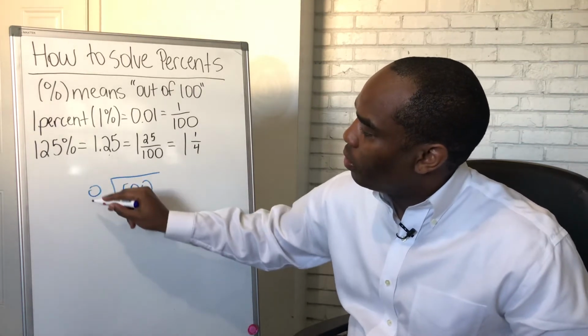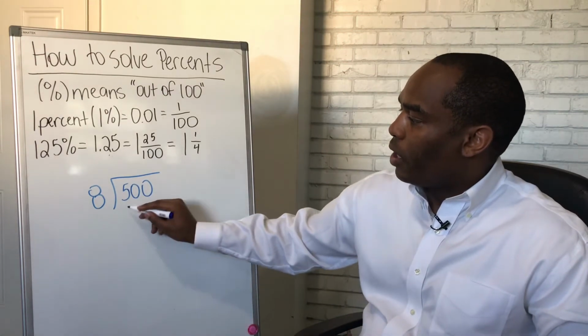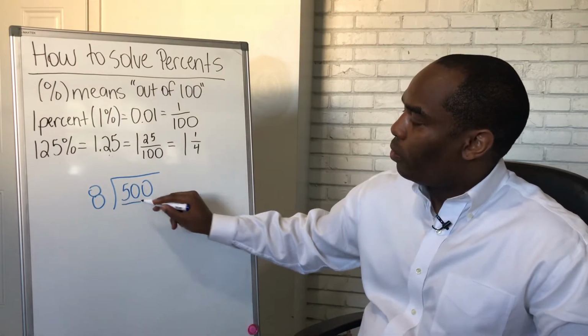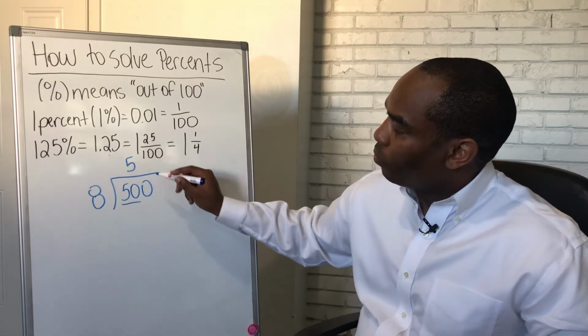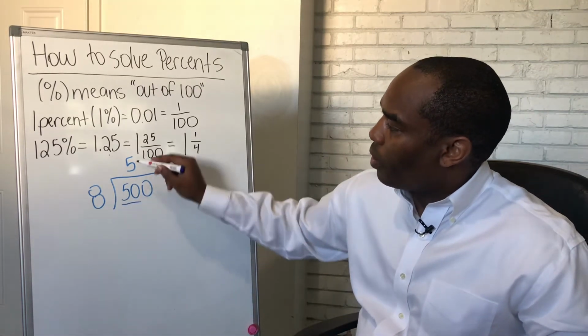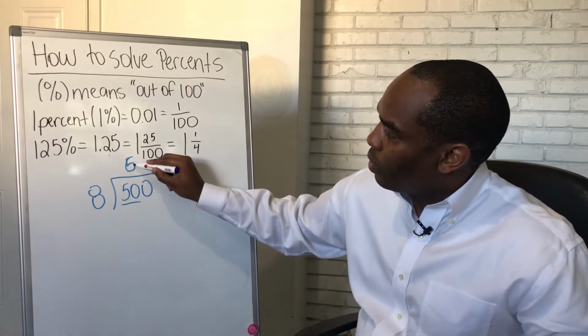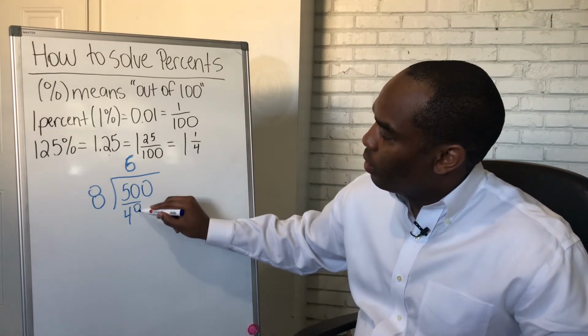To solve this problem, we ask ourselves first, how many times does 8 go into 50? We know that 8 goes into 50 5 times. 5 times 8 is 40. I'm sorry, 6 times. 6 times 8 is 48.